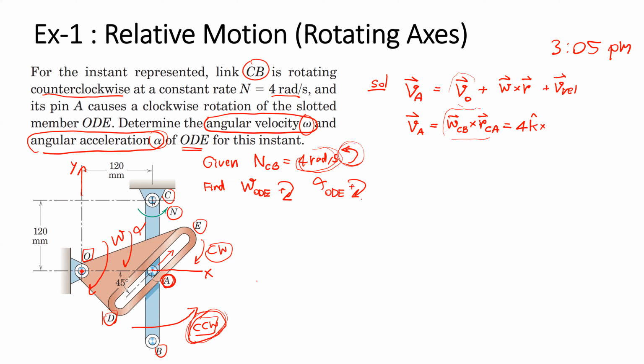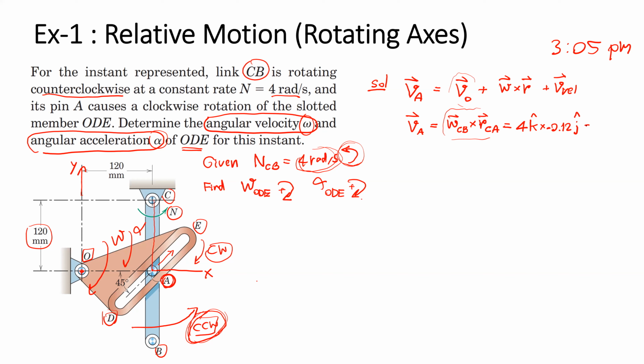The distance from C to A is 0.12 meter, and the direction from C to A is negative Y direction.